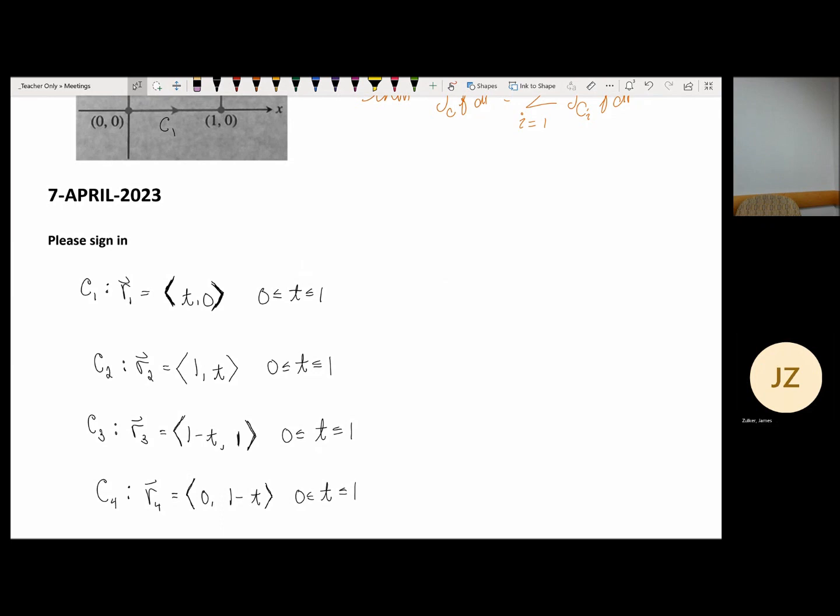So maybe we start the semester, you could really try it on these problems. By the way, if you already know the fundamental theorem of line integrals, you're not allowed to use it on this.